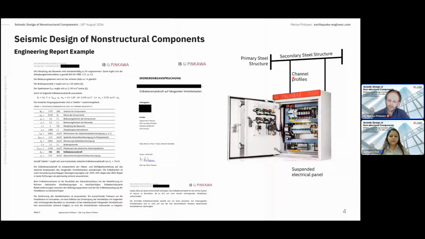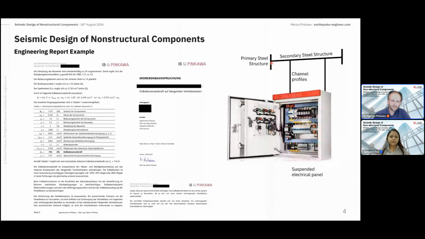So the typical thing I need to do is to determine the seismic design force we need to apply to this component, verify the connections, verify the profiles, and especially the anchoring to the system or the attachment to the steel structure, like typically anchorage to the reinforced concrete slab or wall, and also choose the correct anchorage system, and so on.